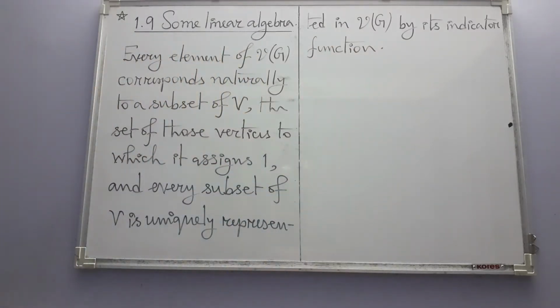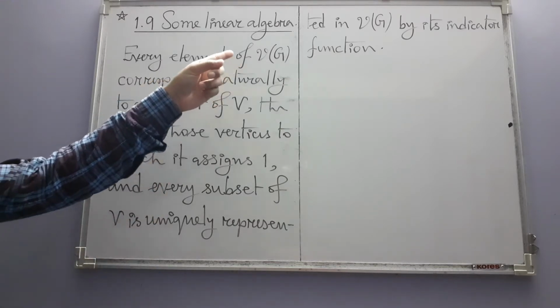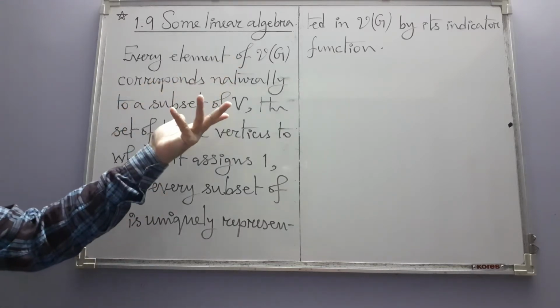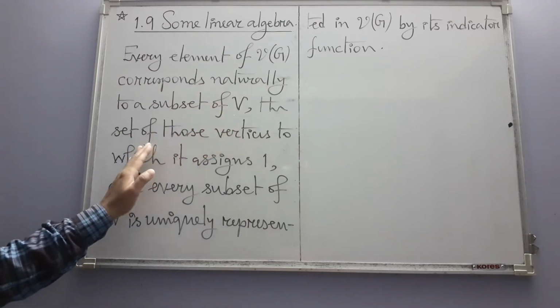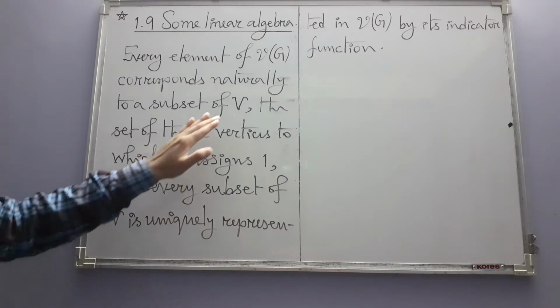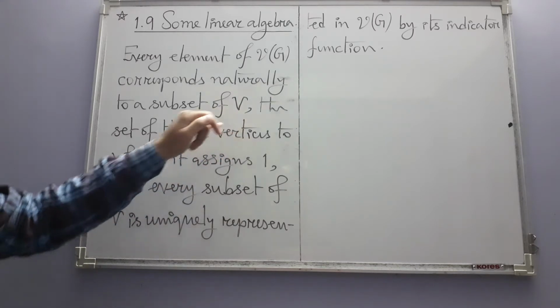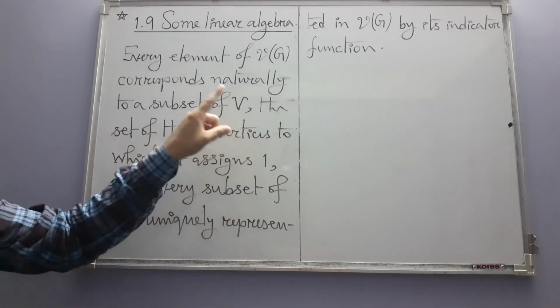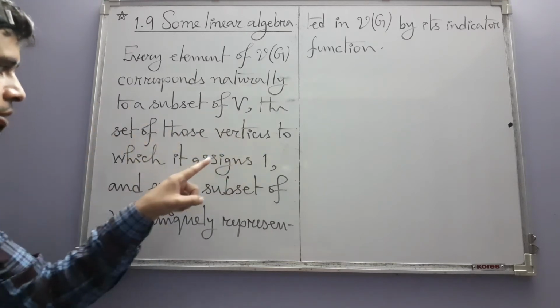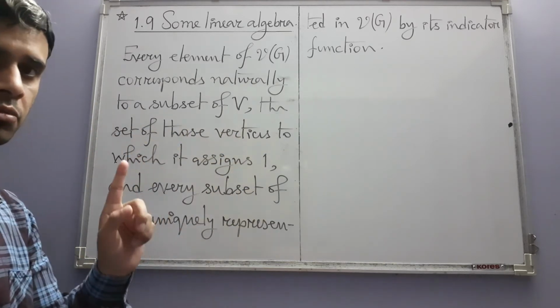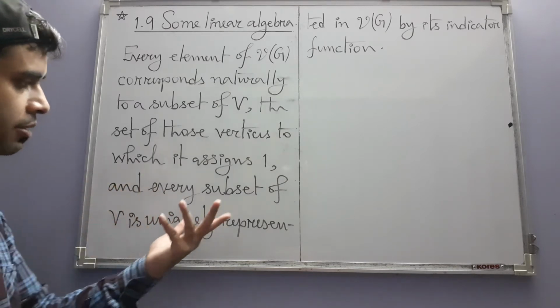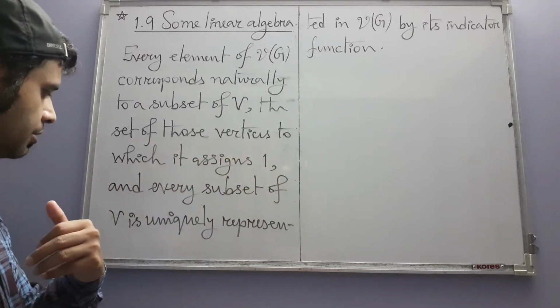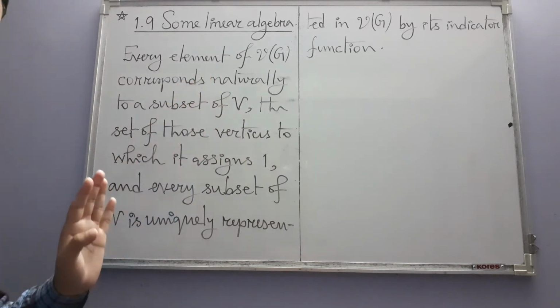Okay, so what are we saying here now? Every element of the vector space naturally corresponds to a subset of the vertex set V, and it corresponds to that set of vertices to which the function assigns the value 1, and conversely every subset of V is uniquely represented by its indicator function.